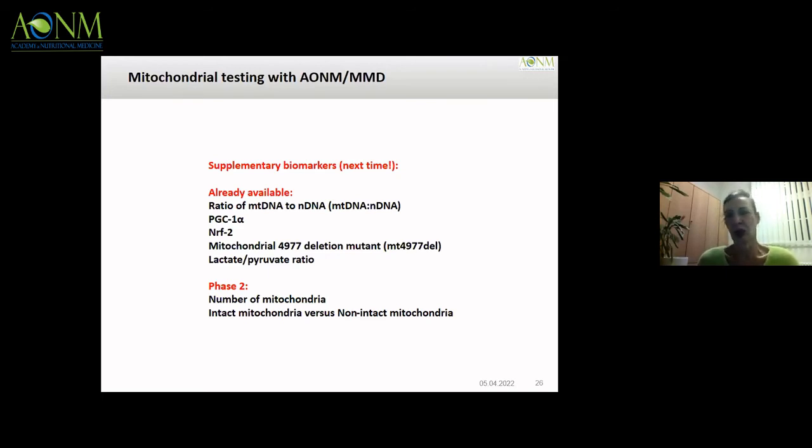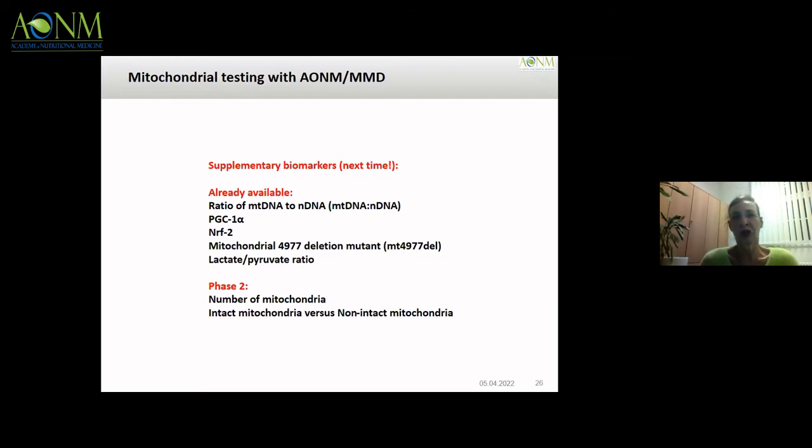Then you must know, do you have to delete diseased, unhealthy mitochondria, or do you have to increase healthy mitochondria? It's a difference. Therefore, the ratio of mitochondrial DNA to nuclear DNA, or the number of mitochondria, is important to know.